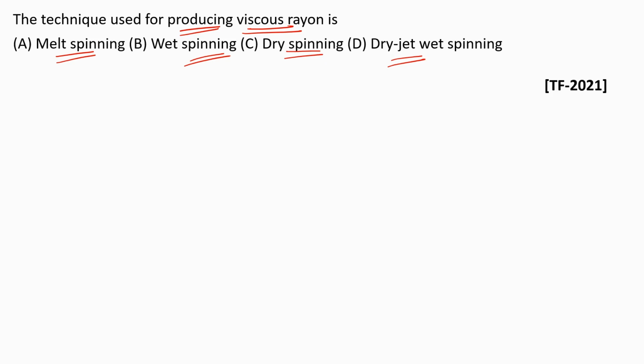If we talk about the spinning speed, the spinning speed of melt spinning is around 2500 to 3000, whereas in wet spinning the spinning speed is comparatively slow. Melt spinning is used for the production of polyester, nylon, olefin, and glass fibers.